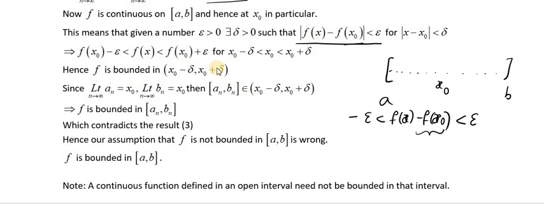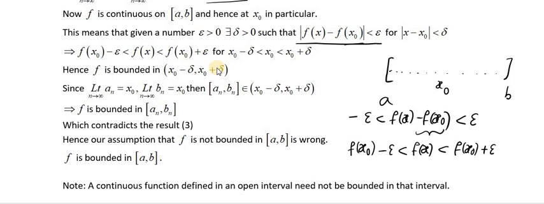Take this negative quantity to this side, then f of x naught minus epsilon less than f of x less than f of x naught plus epsilon. So the same step we are getting here. Similarly, from this one we can get this one.